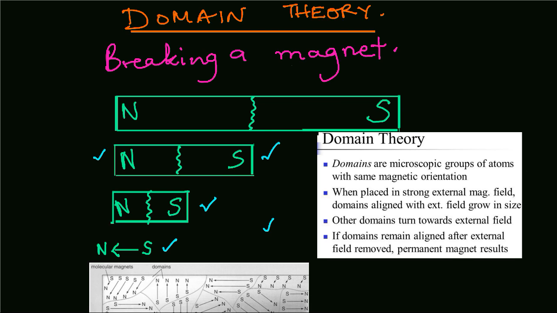This indivisible part, or the smallest unit of a magnet, will still have the north pole and the south pole. The smallest unit, or that small magnet, is known as a micro magnet, or simply dipole.